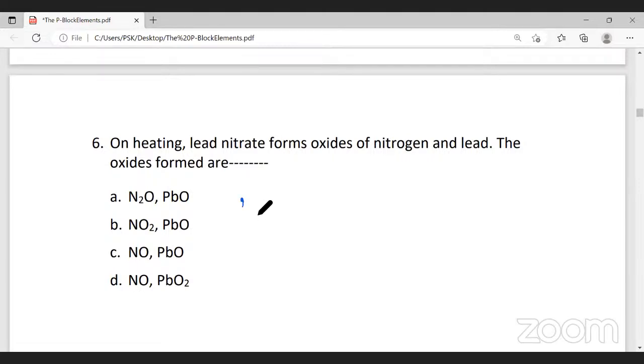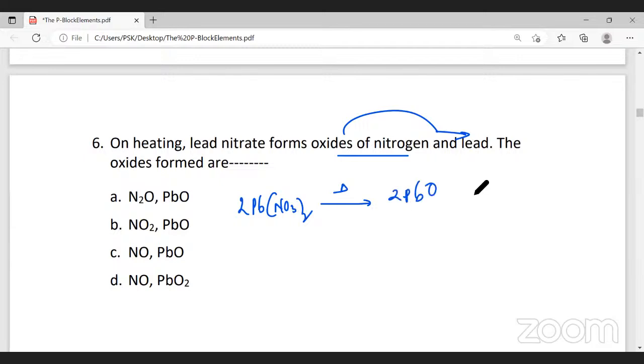Lead nitrate, Pb(NO3)2, on heating decomposes to give lead oxide, nitrogen dioxide and oxygen. Hence, the answer for this question is option B, lead oxide and nitrogen dioxide.